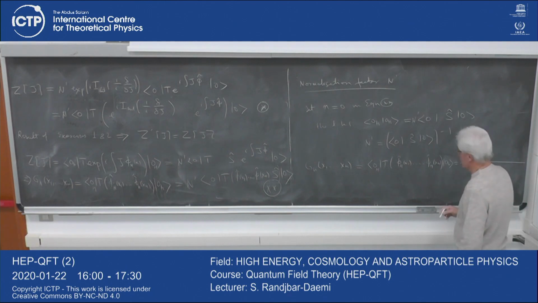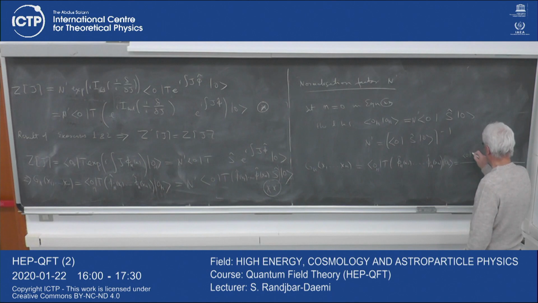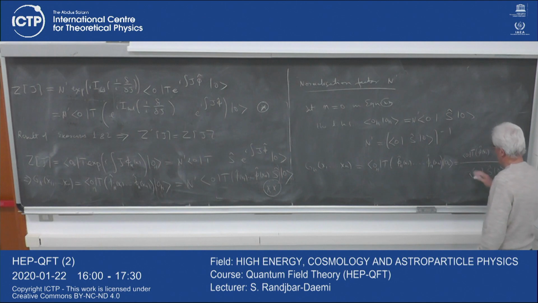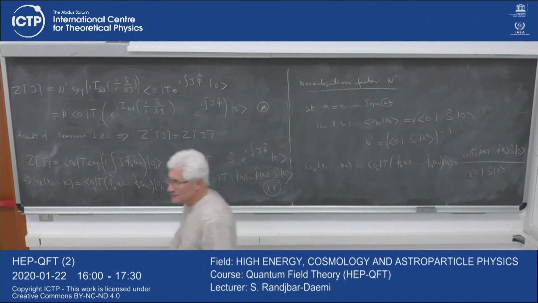Also, he makes a comment that it was known to them. This is the key formula in quantum field theory because it's telling you how to calculate the things. And the Feynman graph is basically a rewriting of this equation in graphical form, as we will see in a minute.